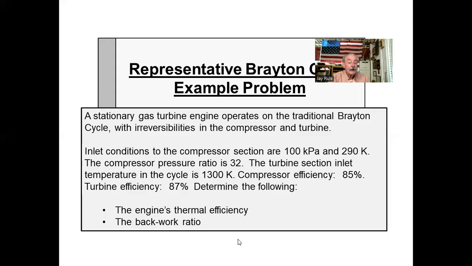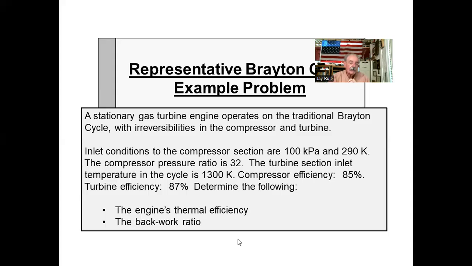Now that's going to be tough because this would be an example problem of a real gas turbine engine, not an ideal one, because you're given compressor and turbine efficiencies that are less than 100%. So you're not going to find formulas in the book for this analysis.